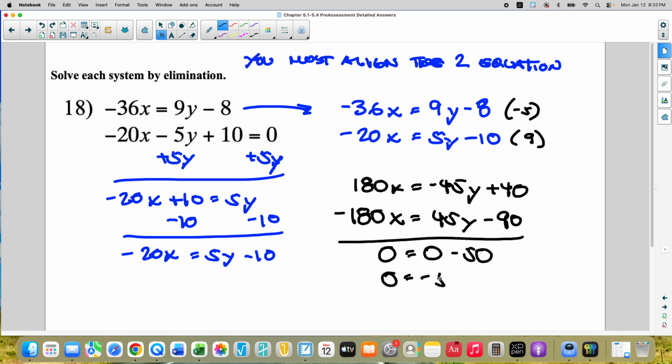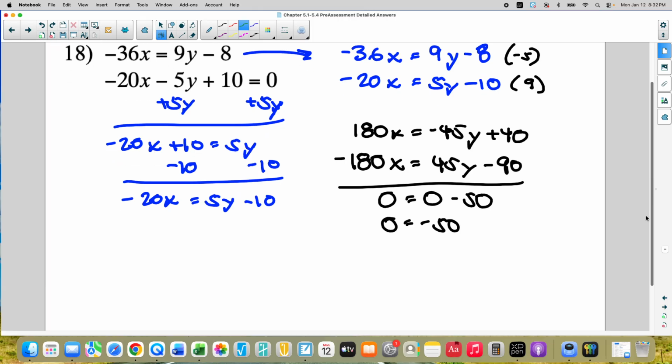0 equals negative 50. Notice what happened here. Both variables canceled out. When they cancel, it's either going to be no solution or infinitely many solutions.